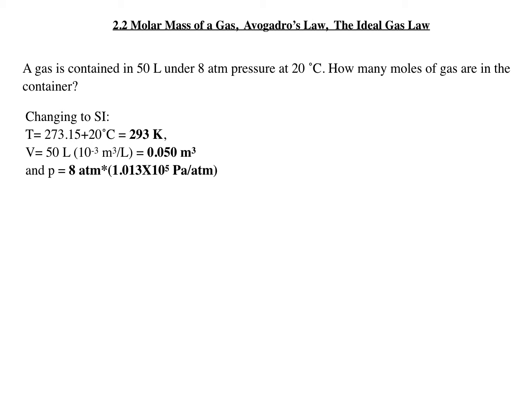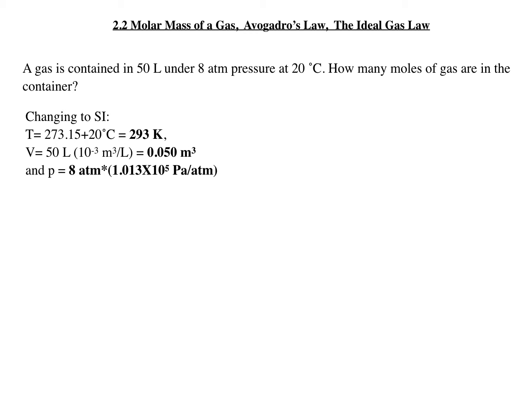So temperature T capital, in Kelvin scale, is equal to 273.15 plus 20 degrees centigrade. That's our conversion factor. So it gives us 293 K, which is bolded to illustrate the new number. The volume is given in 50 liters, and we need to convert that into standard units of cubic meters, which I've done here.